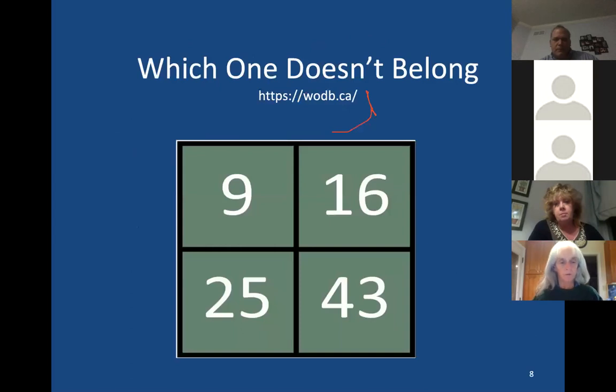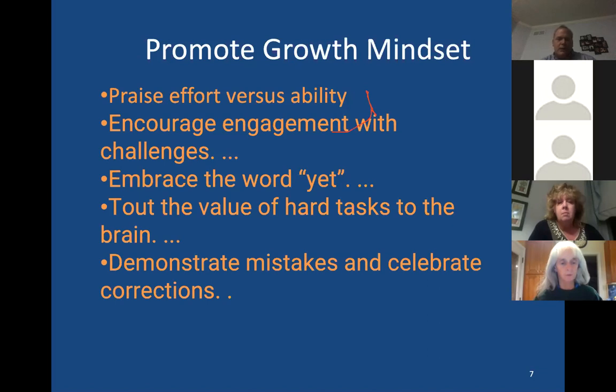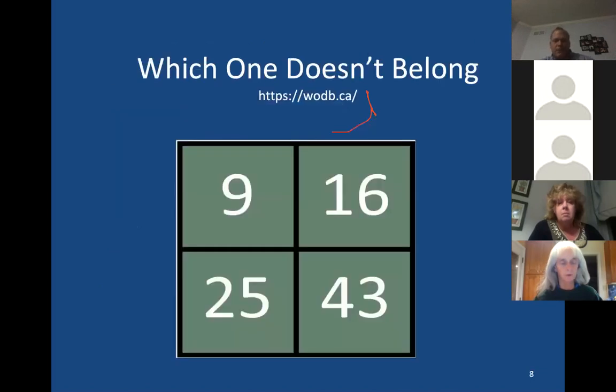Okay, so this is what I was talking about back here when I said encourage engagement with challenges. Which one doesn't belong? And here's a website.